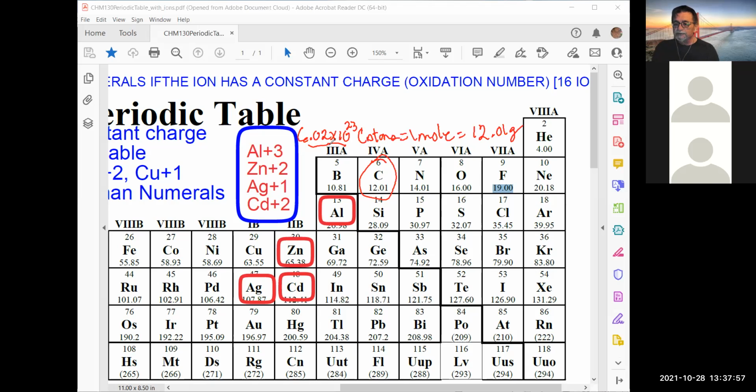And that bigger number is 6.02 times 10 to the 23rd. Okay, but the concept is the same as the concept of a dozen. It just happens to be a bigger number. All right. If I have 6 grams of carbon, 6 grams of carbon equals how many? Wouldn't that be half a mole?